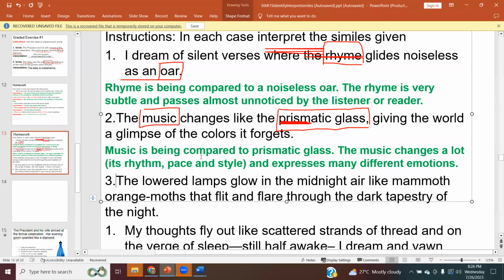The music changes a lot, its rhythm, pace, and style, and expresses many different emotions. Very good. So it talks about the various changes that music undergoes. And that's why it says the music changes like the prismatic glass, giving the world a glimpse of the colors it forgets. Pretty neat.